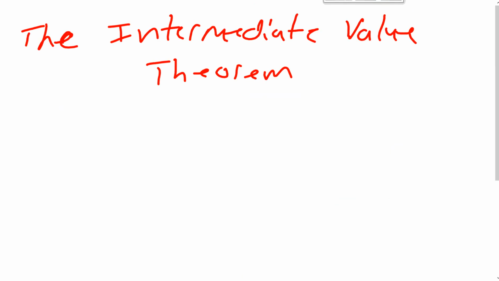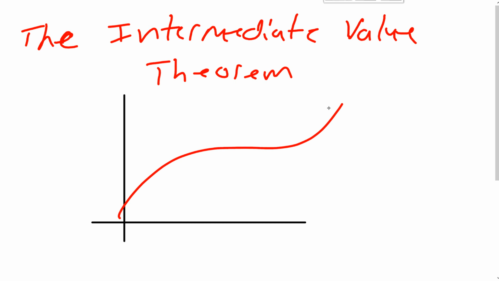The last thing we'll talk about is the intermediate value theorem. So we're looking at a function, and say that function is on a closed interval, from a to b, and there's some value n where n is between f of b, plugging b into your function, and f of a, plugging a into your function.